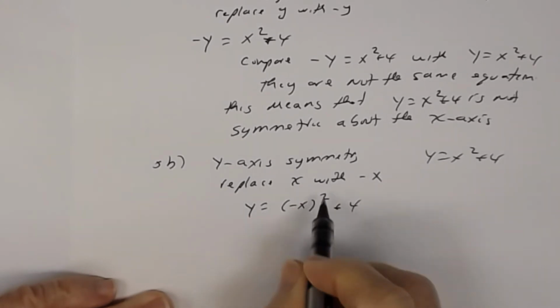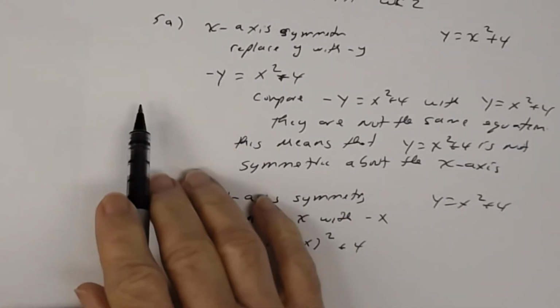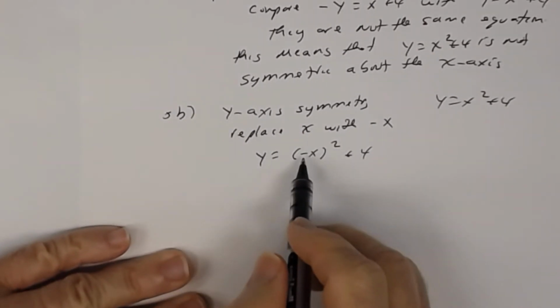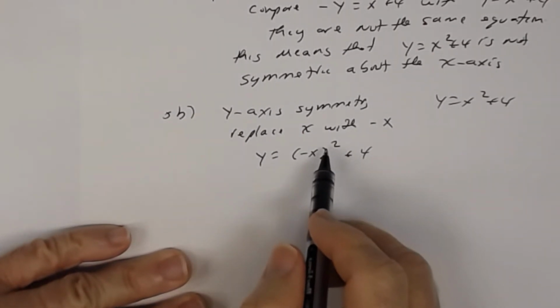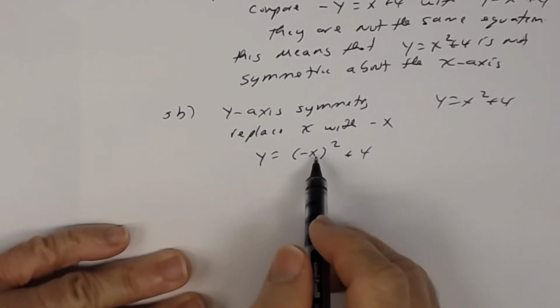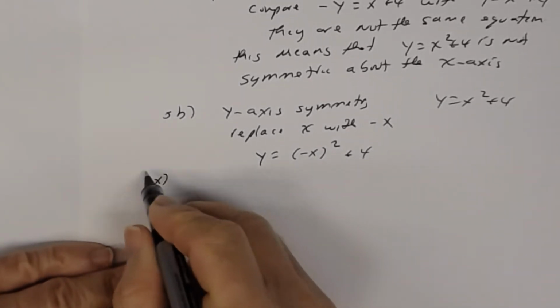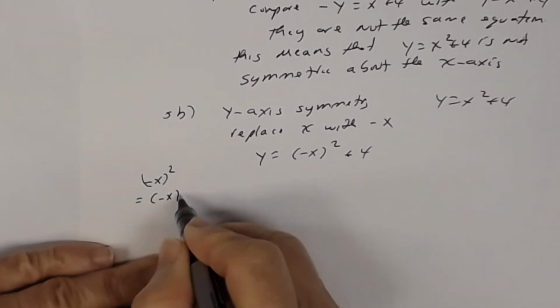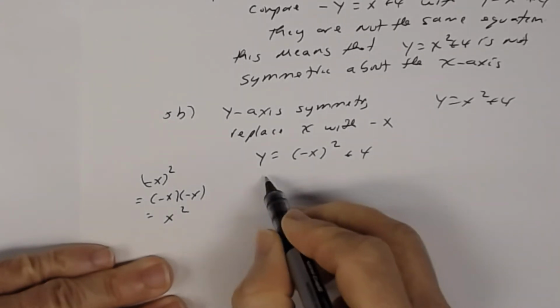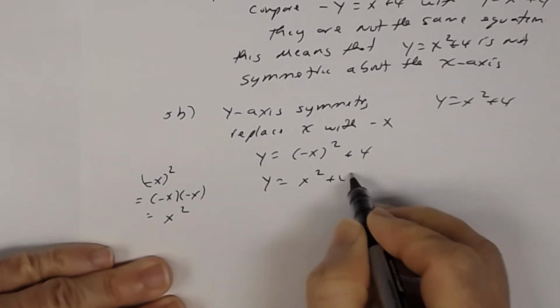Now you have to simplify this. There wasn't anything to simplify before because negative y stays negative y. But (-x) squared means negative x times negative x, which is a positive x squared. So this becomes y equals x squared plus 4.